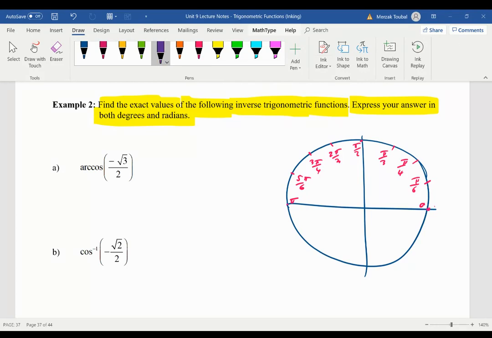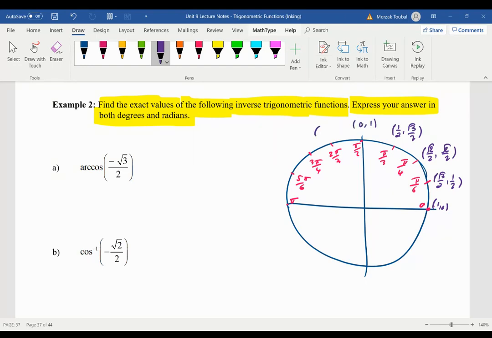And then the values: this point here is 1 comma 0. This point here is root 3 over 2 comma 1 half. This one is root 2 over 2 comma root 2 over 2. This point here is 1 half comma root 3 over 2. This one is 0 comma 1.